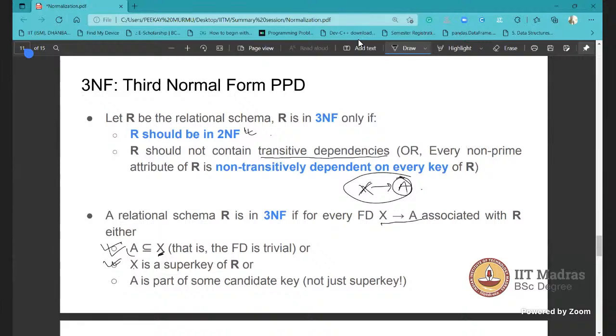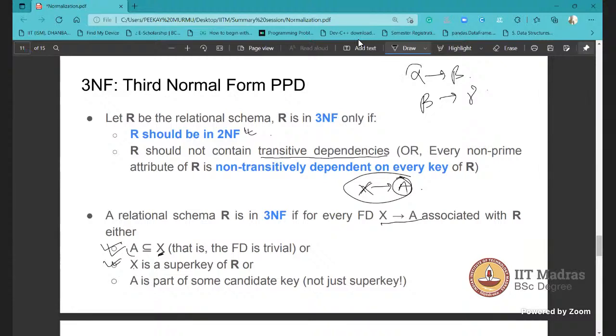Like alpha determines beta, beta determines gamma, then alpha determines gamma. That is transitive function, right? I'm talking about the transitive dependency. Okay, so you are partially right.